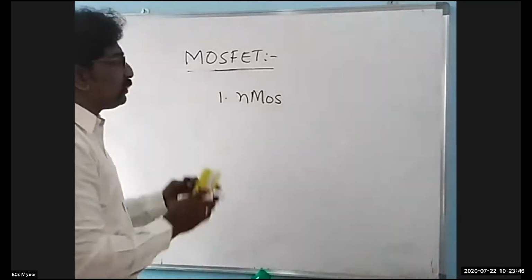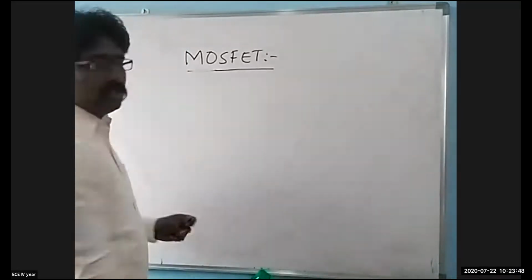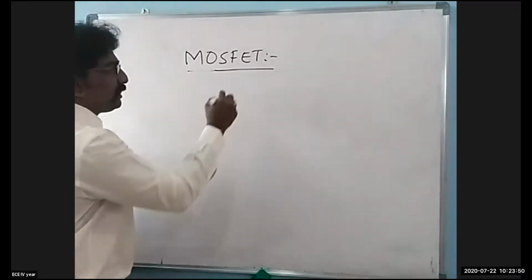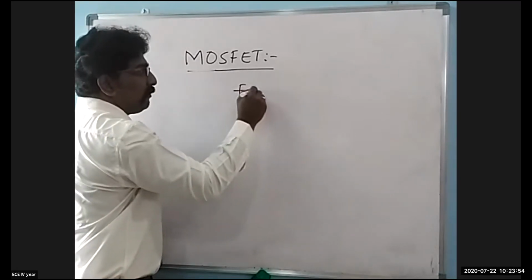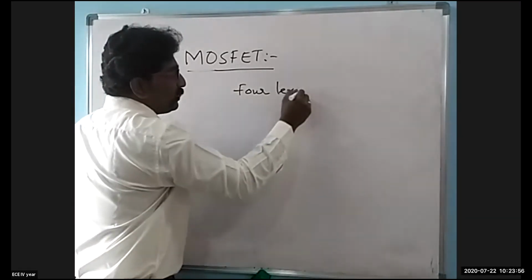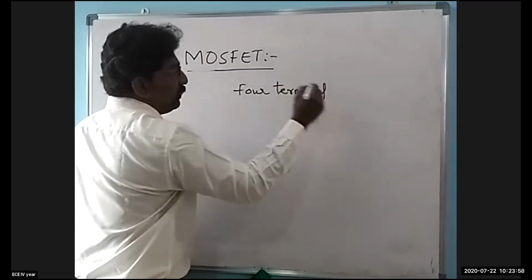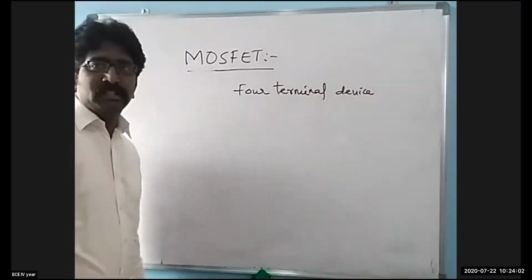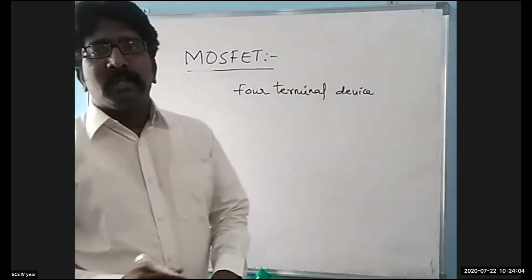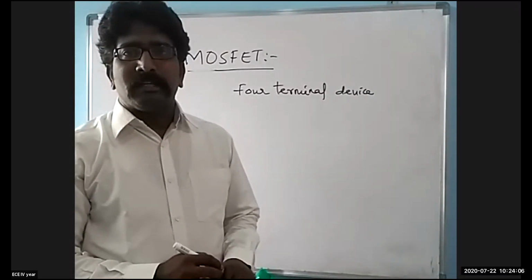Before entering the structure of nMOS or CMOS, a MOSFET has three basic terminals, okay, I'll write it as four different terminals. A MOSFET is a four-terminal device, whereas the BJT is a three-terminal device. We all know that a BJT has emitter, base, and collector, which are its three terminals.